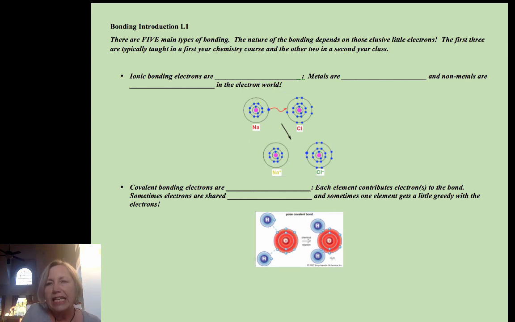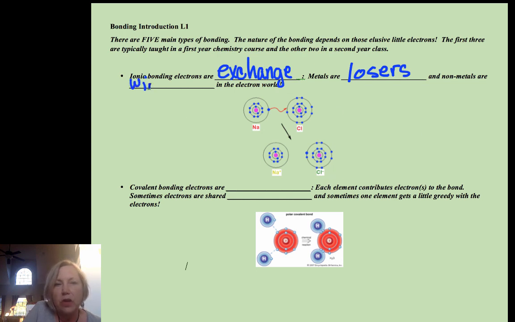Now, the first one is ionic bonding. In ionic bonding, we actually have an exchange of electrons. And in electron world, we like to say metals are losers. They have a tendency to want to donate or give away electrons, and nonmetals are the winners.